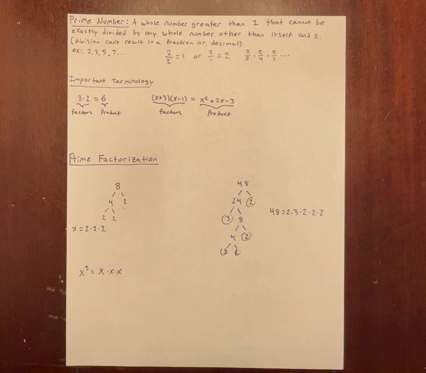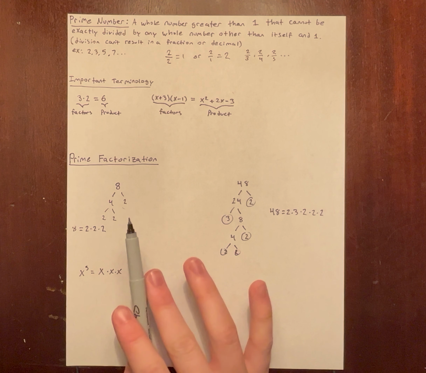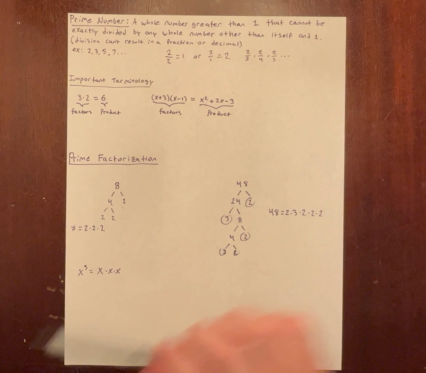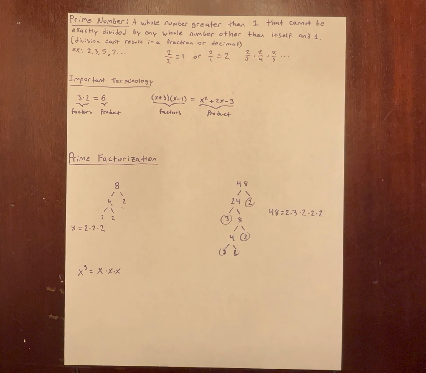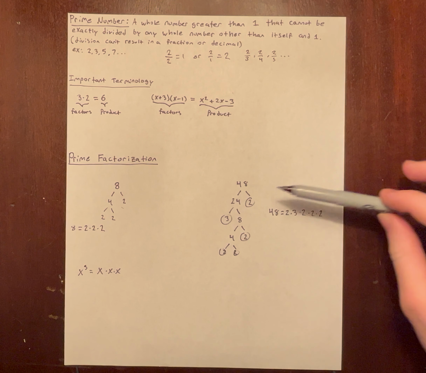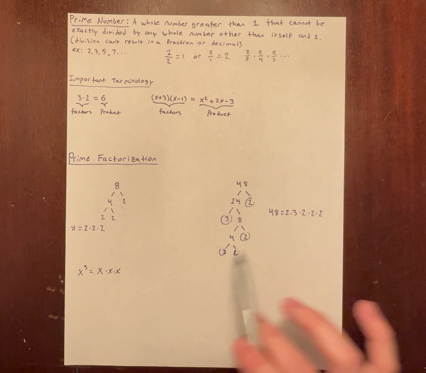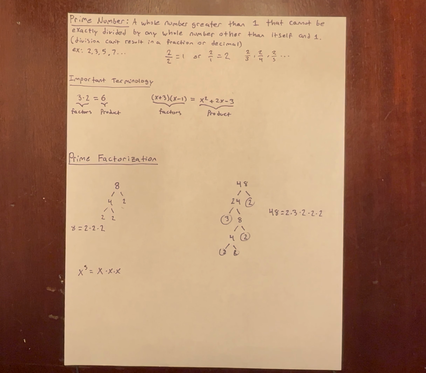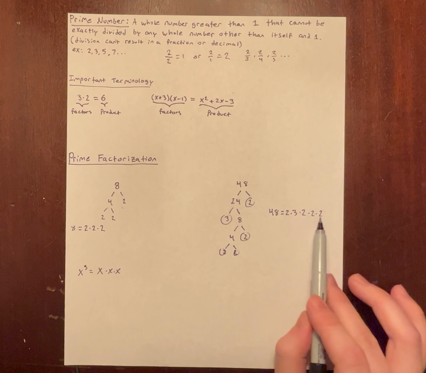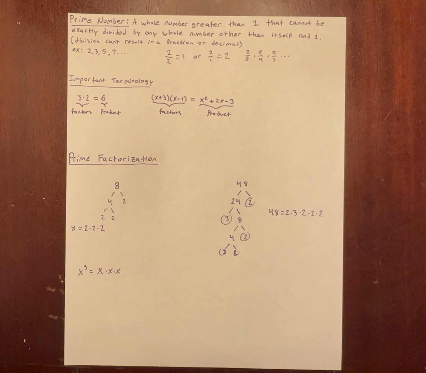But in general, for prime factorization, you can list them out in a branch, as I did, and I find that the most helpful. And then when you're done, you collect all of the ends of your branches and list them out in terms of multiplication. And so that's how you complete the prime factorization of a number. And if you ever end up with something that's not a prime number, then you know that you either have more steps or you've messed up somewhere. But that is prime factorization.